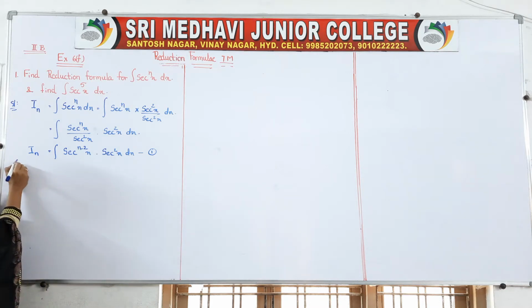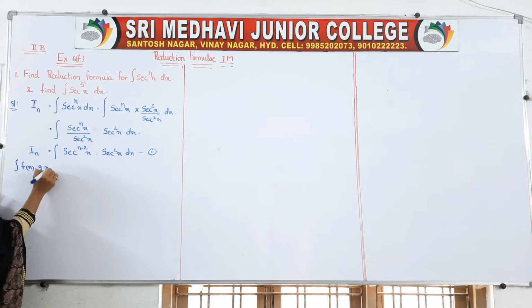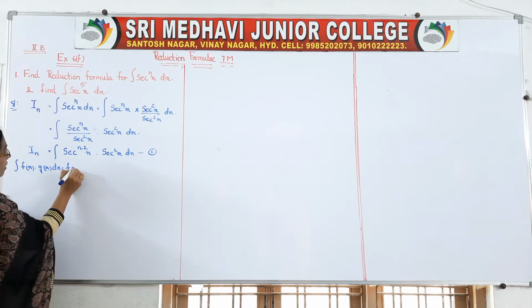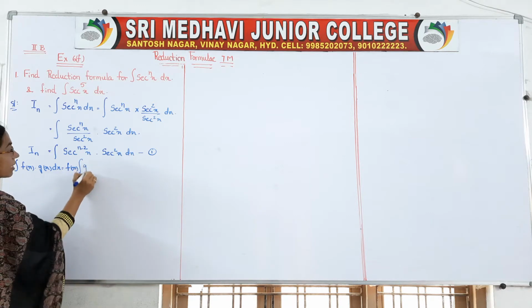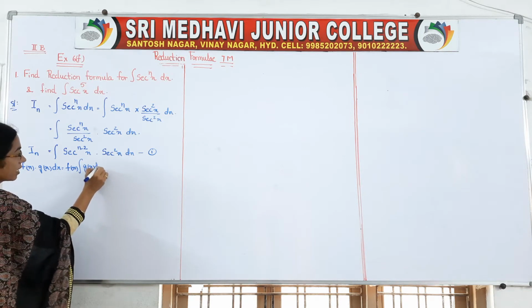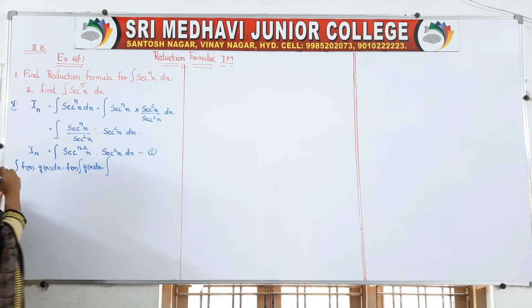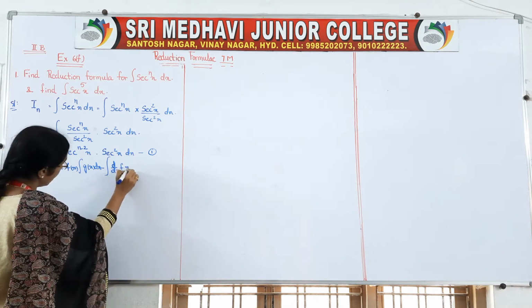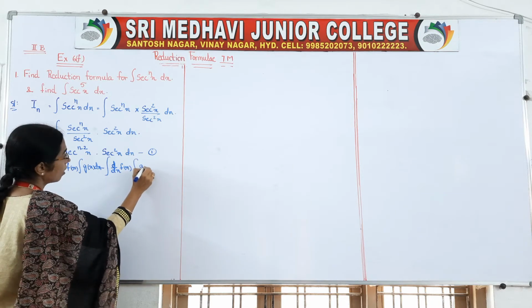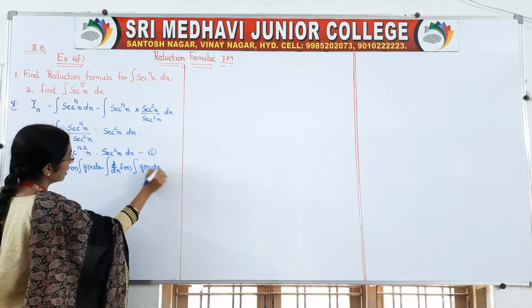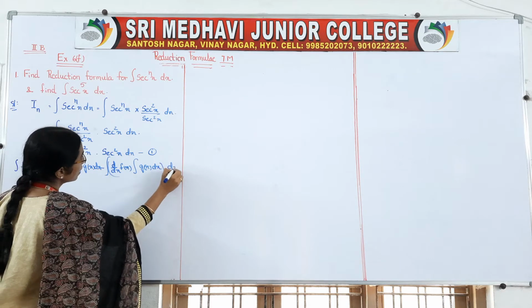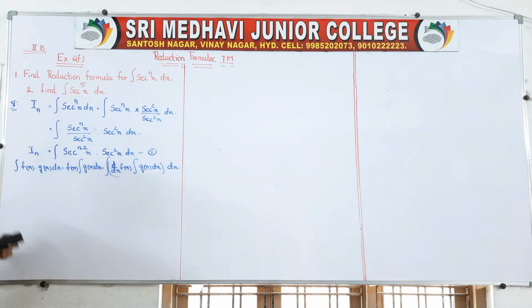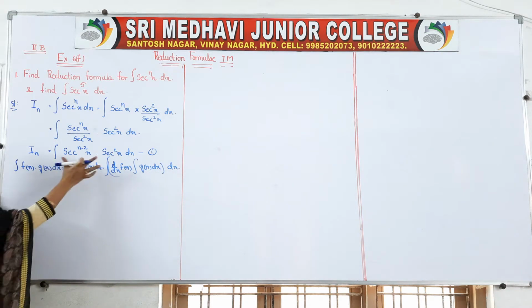What is the formula for your product form? Integral of f of x into g of x dx is equal to f of x integral g of x dx minus integral of d by dx of f of x times integral of g of x dx, whole dx. Okay, so same formula you apply for this.